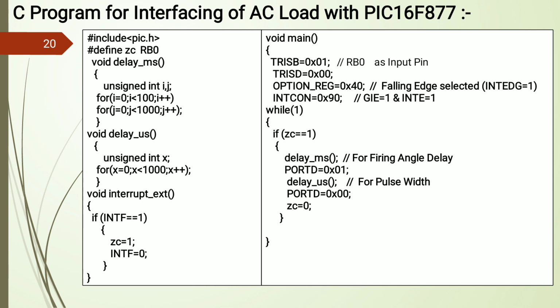So an external interrupt is generated. After that, again we generate a firing angle delay in milliseconds, and again you should make PORTD equal to 0x01, so that our first pin is activated high.